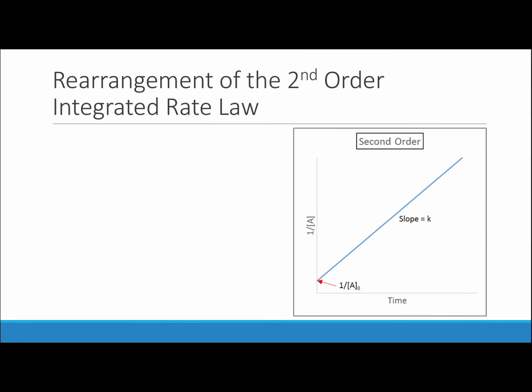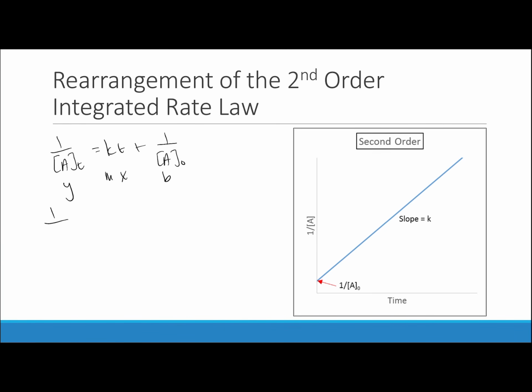We can, of course, rearrange our second order integrated rate law. When we do that, we can get the following form: 1 over A at time t is equal to kt plus 1 over A naught, where this is our y, m, x, and b.